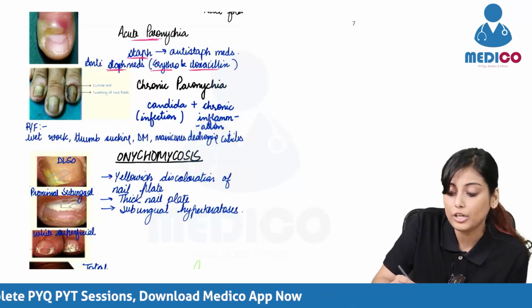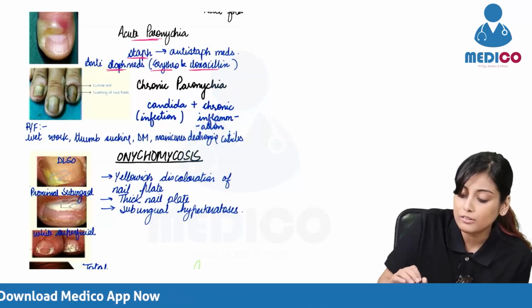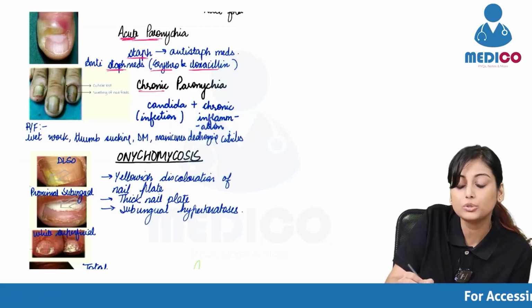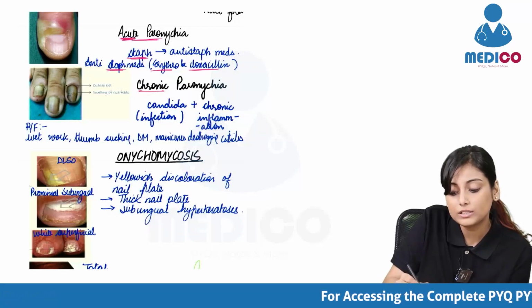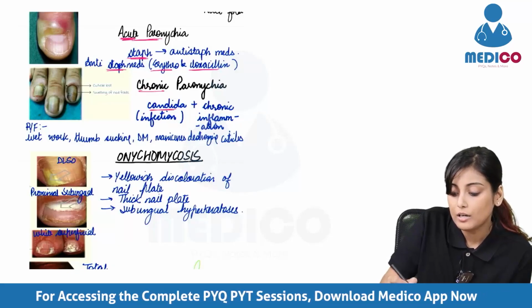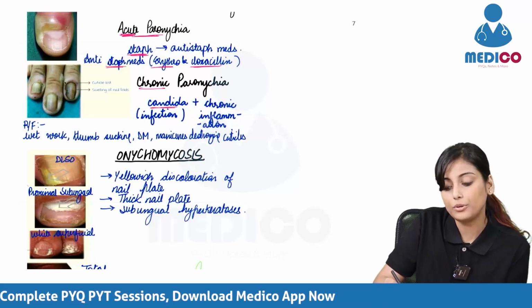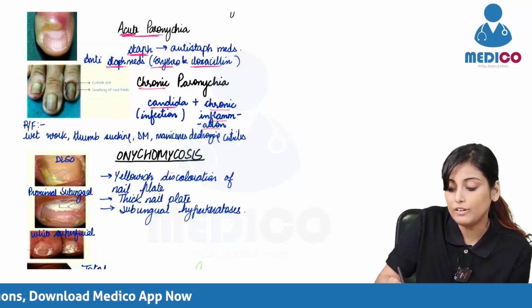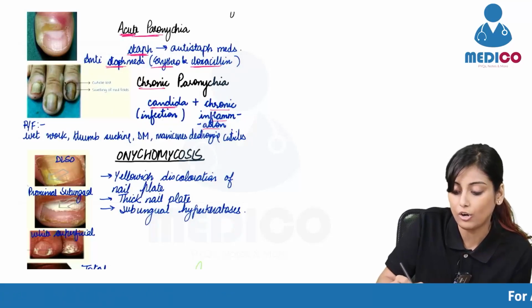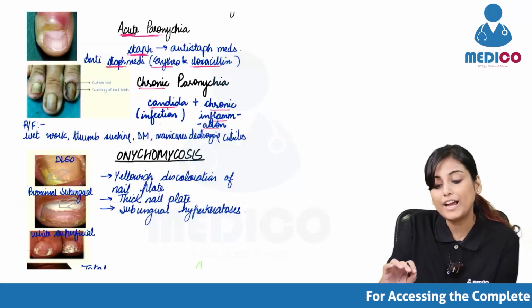Anyways, then there is chronic paronychia. There is one very interesting thing about chronic paronychia. See, all acute infections are usually bacterial and they're usually staph. Chronic infections are fungal. They can be candida, but along with that, there is a component of chronic inflammation. So when we treat this, we not just give medicines for candida or for the infection, we also give mild steroids.